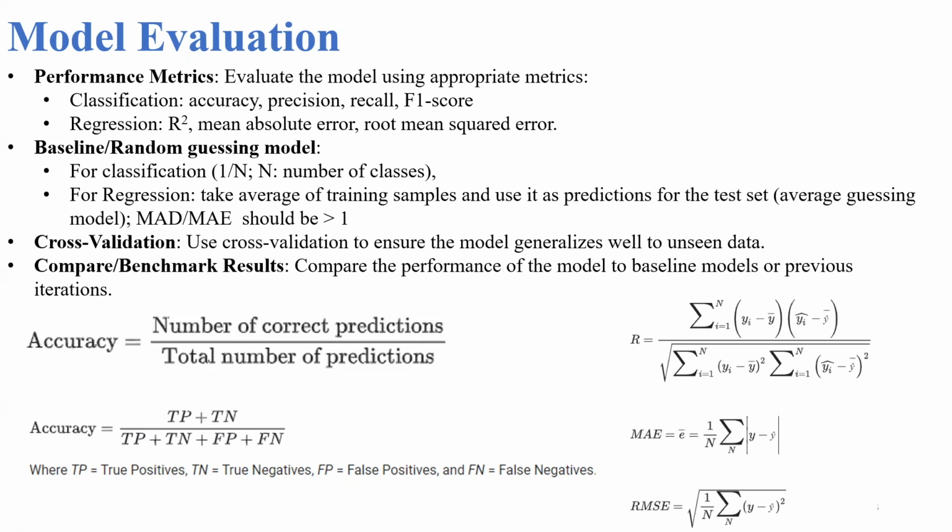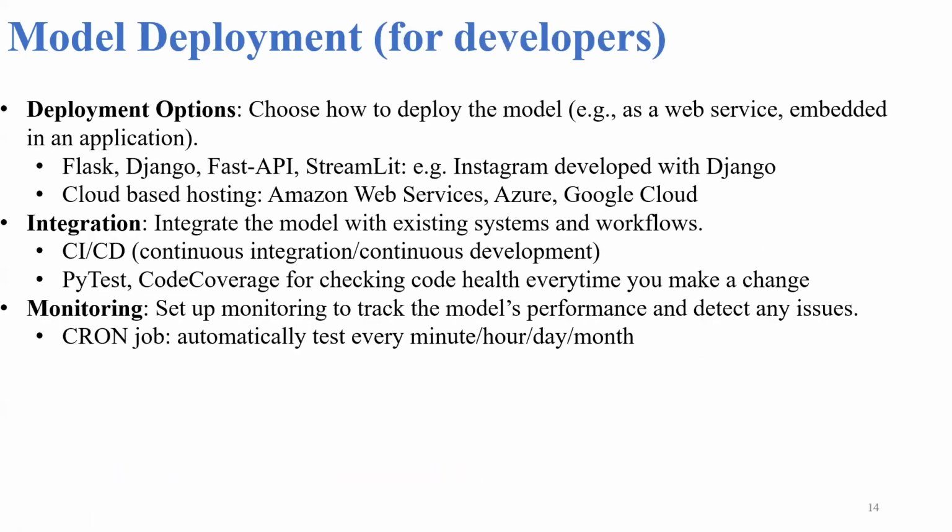Suppose it's 5, we will use that 5 as the average for all the samples in the test data set and calculate the error. That's called mean absolute deviation, also called the average guessing model or baseline model for a regression model. So if you train a model and get a mean absolute error, you should always perform better than the mean absolute deviation, because it is a random guessing model. If it's not better, there is no point in doing machine learning. Always compare and benchmark your results with existing models, of course.